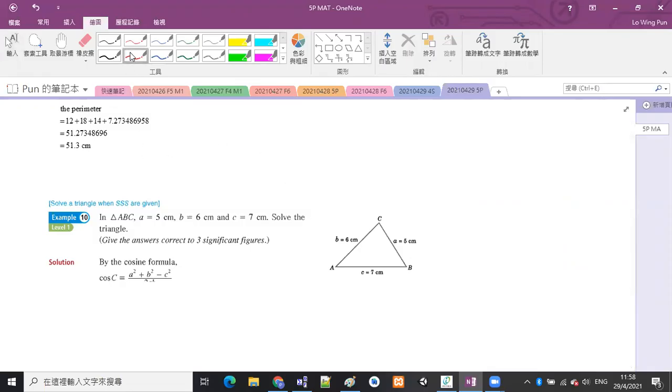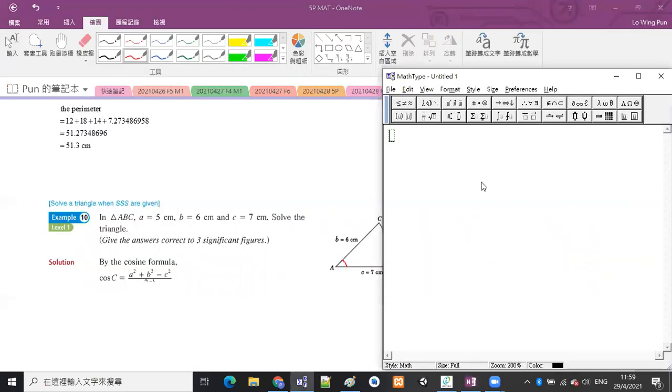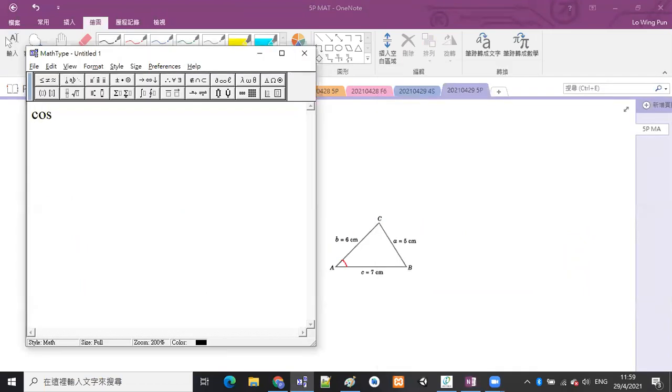So I need to use the second format of the cosine formula. And we need to find the angles one by one. Maybe we find angle A first. So I want to find angle A from the cosine formula. Cosine angle A should be equal to a fraction, okay?